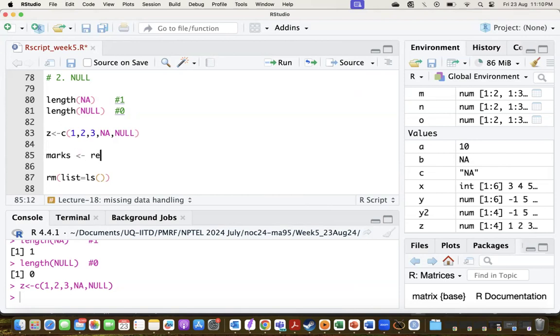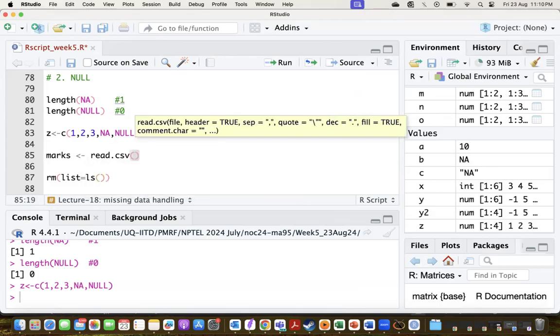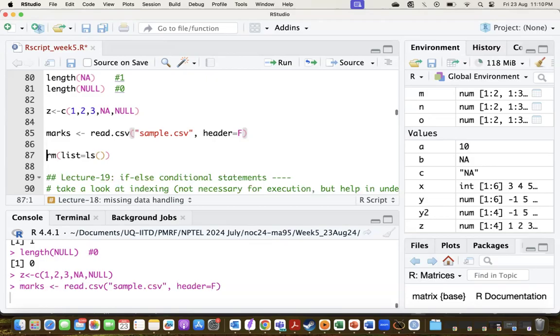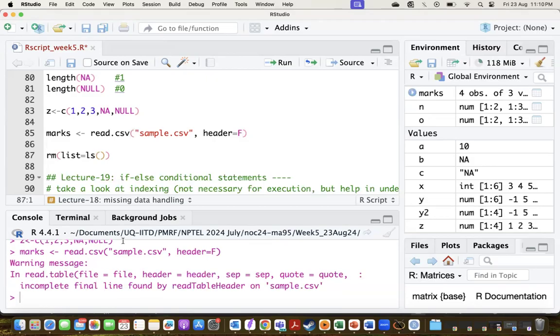And I'm going to say read.csv, and in double quotes, I'm just going to start typing and press tab. So R was already able to search, and it already gave me this. And there are some additional arguments, header is true.